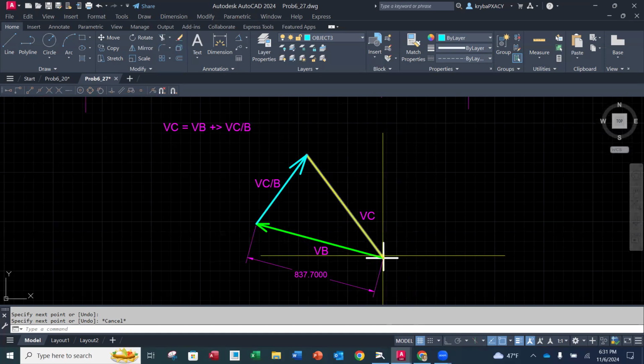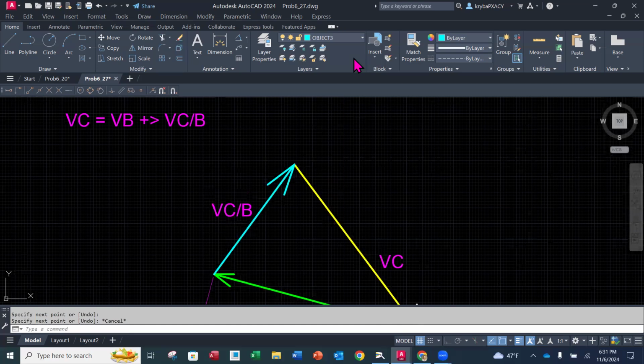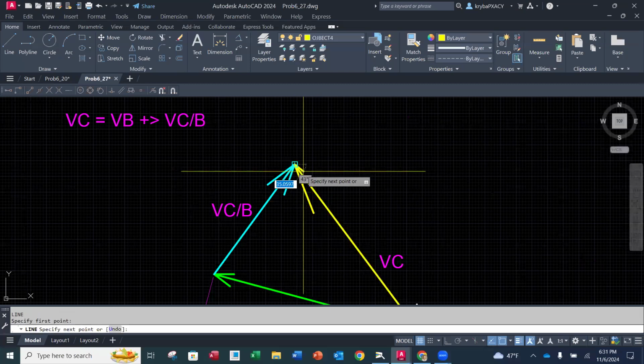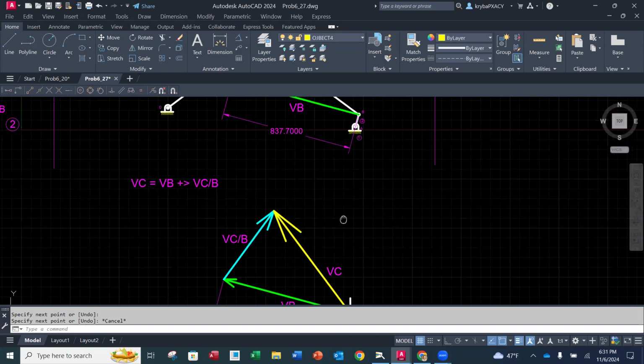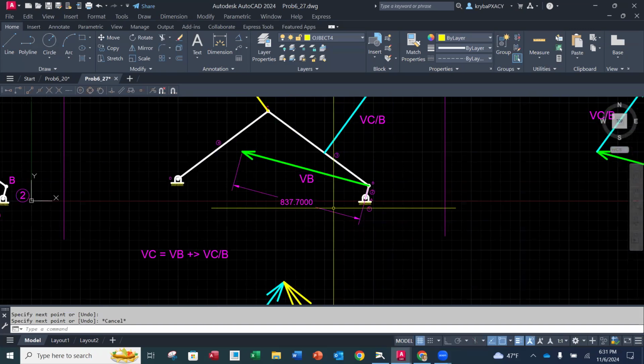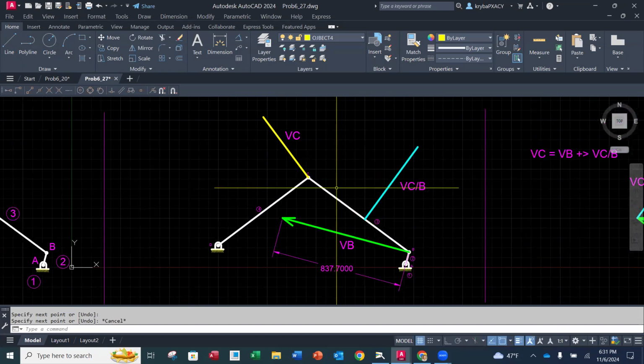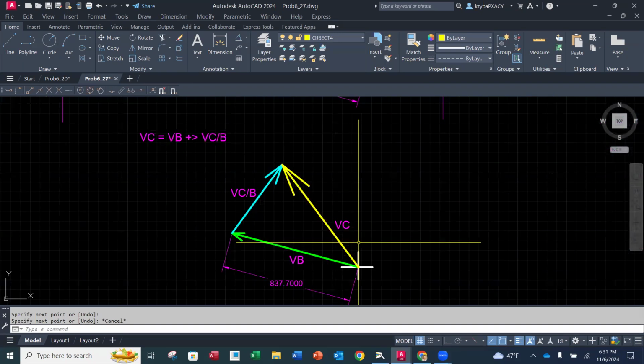The tail of the velocity of C is going to start at the origin, and its tip is going to go to the last vector, which is on this side. So here is the arrowhead for VC, which confirms what we were expecting. If this is going in a counterclockwise direction, we were expecting VC to move the very same way, counterclockwise, which is good.